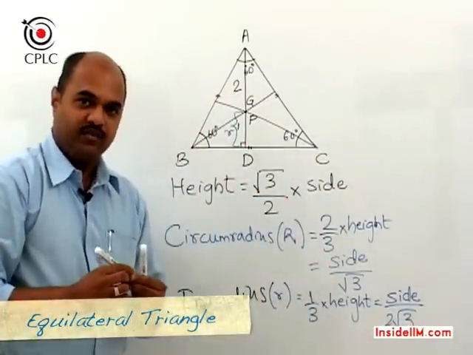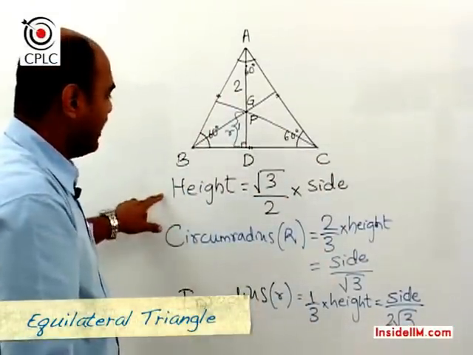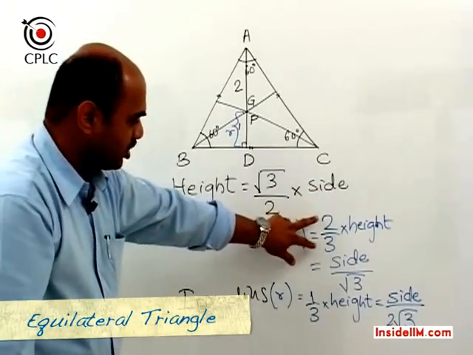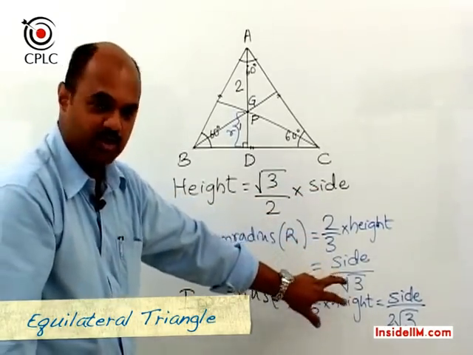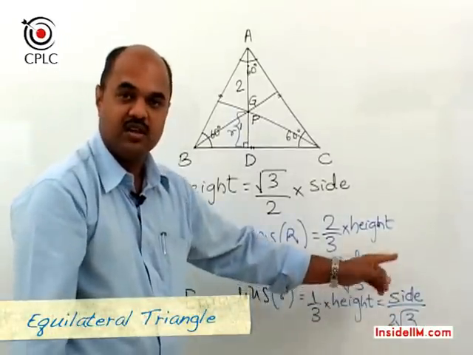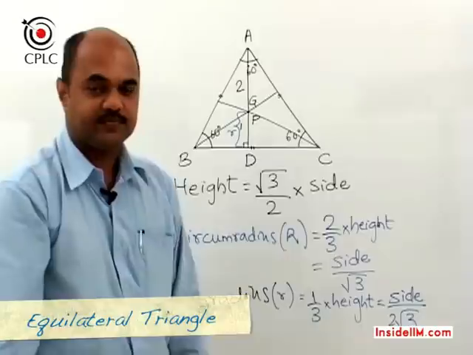So the important formulas in an equilateral triangle: height is root 3 by 2 of the side, circumradius is 2/3 of the height, which is side by root 3, and inradius is 1/3 of the height, which is nothing but side by 2 root 3.